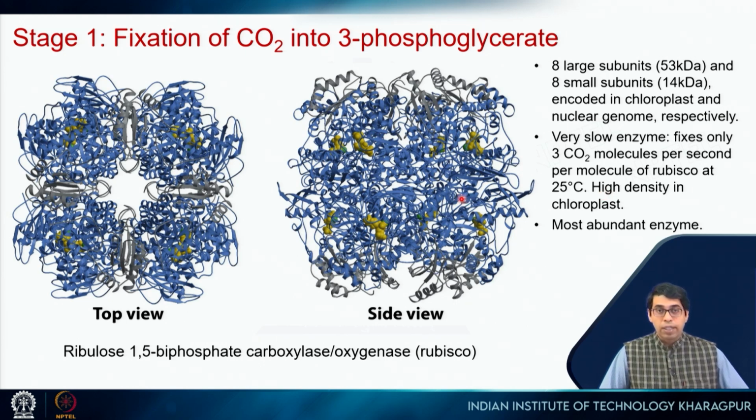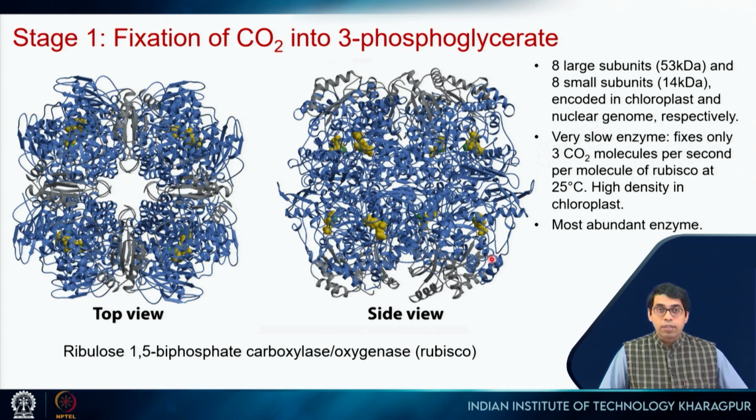In fact, among all the protein molecules present in a chloroplast, almost 50% will be Rubisco, because you need this in a very large quantity. This is similar to what we have seen in the case of hemoglobin, right? The major part of the red blood cell is composed of hemoglobin. Similarly here, almost 50% of all the proteins present in a chloroplast is Rubisco.